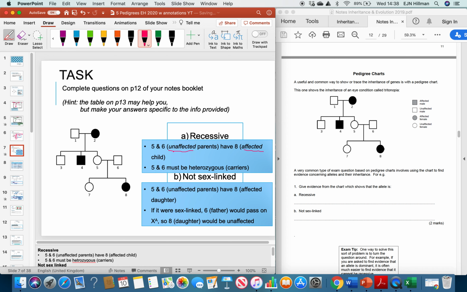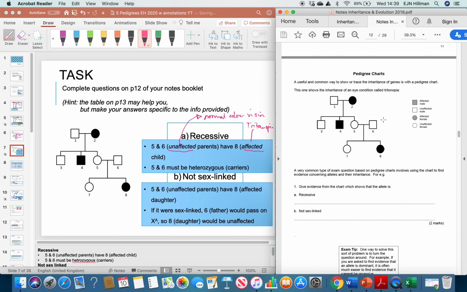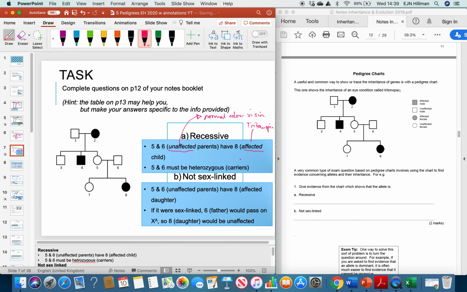So in this case, rather than saying unaffected, you might say that 5 and 6 have normal colour vision, whereas 8 affected means they have tritanopia. So use the context in the question. In the question, it refers to this eye condition tritanopia, and it also refers to the normal colour vision. It's much, much safer, and in fact, it might be possible to lose marks if you don't use that context.